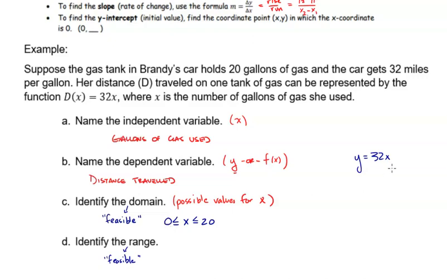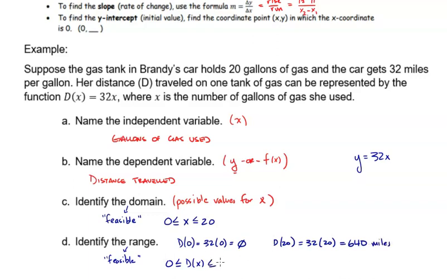If the smallest number we can use for x is 0, then d of 0 would be 32 times 0, which is going to be 0 miles. So our d of x is going to be at its smallest 0. And if we put 20 gallons into our function, we'll do 32 times 20, which is going to be 640 miles.